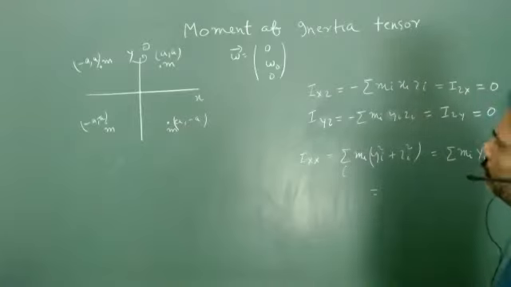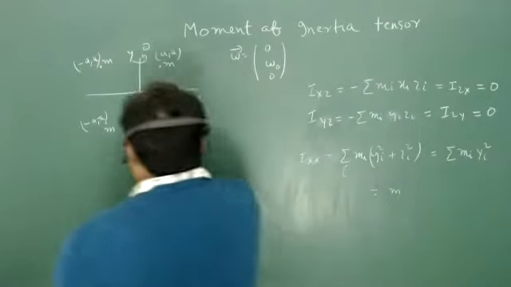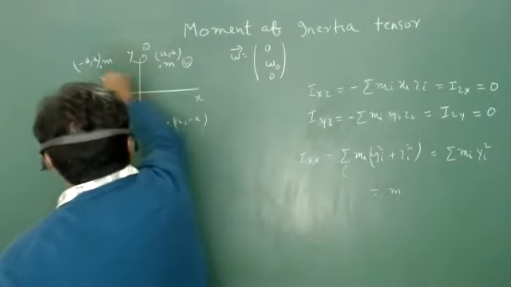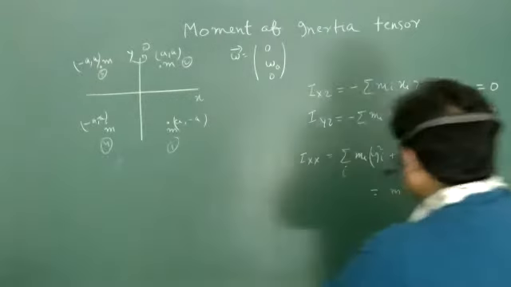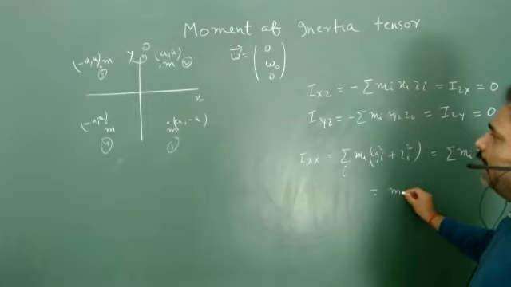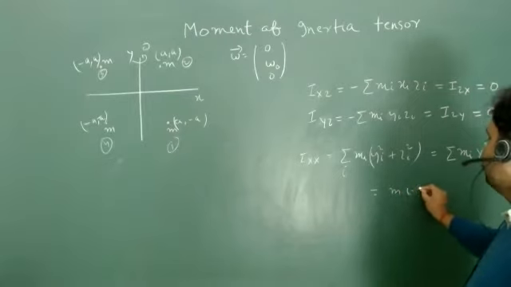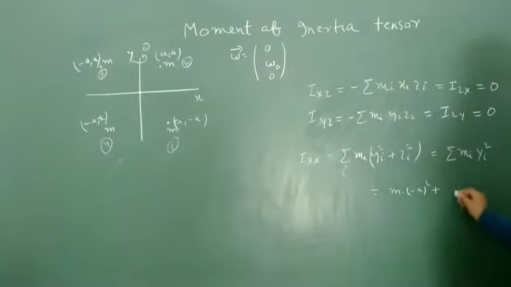So what is this value? Let us assume this is my first mass, this is my second mass, this is my third mass, this is my fourth mass. So the first mass contributes m into minus a square, plus the second mass is m into a square. What is the third mass?